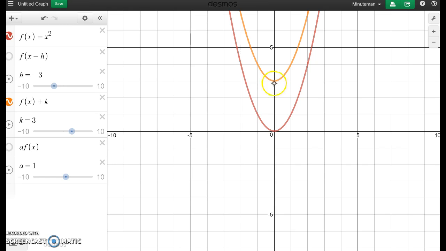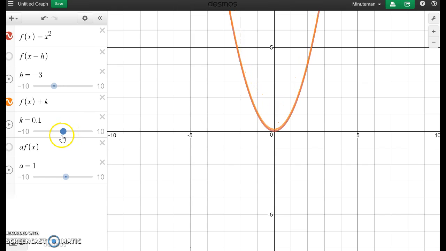Right now I'm focusing on the vertex, but at any place you look, it's 1, 2, 3 units up. Everywhere where your points were in your original function, every point has been moved 3 units up. So it's your y value, f of x, plus 3.